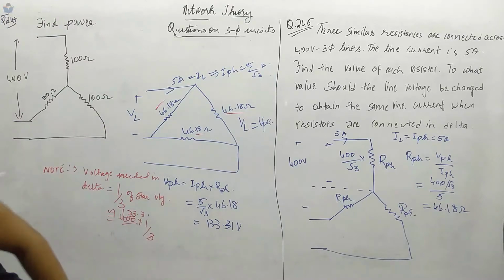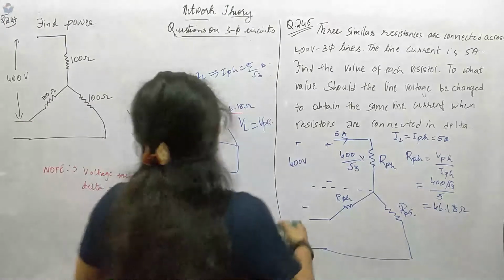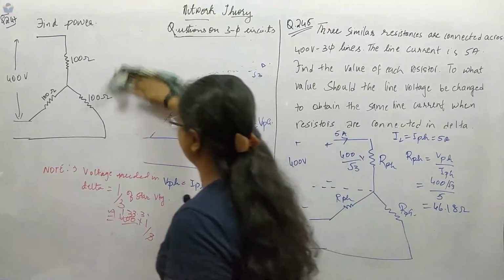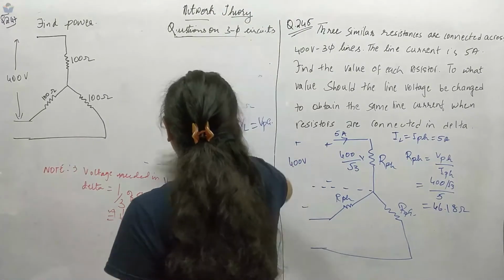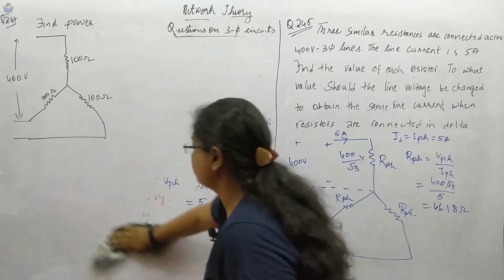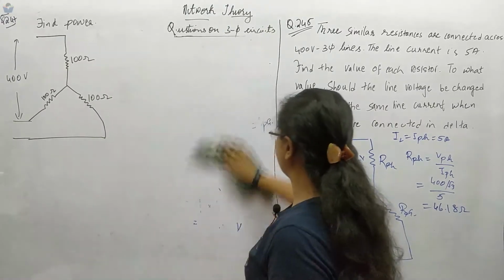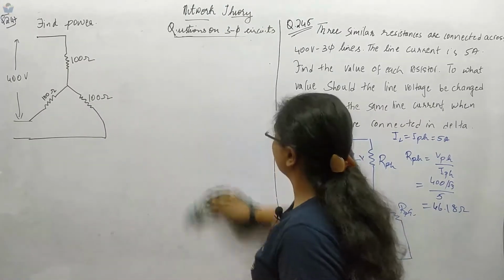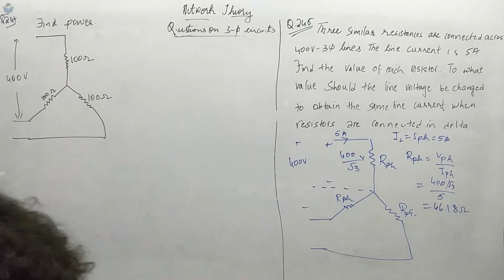Coming to the next question, over here we have to find power. It's a star connected circuit. In the star connection we know that line current is the same as phase current. So we'll write the formula first.